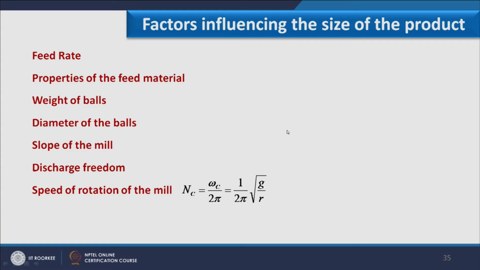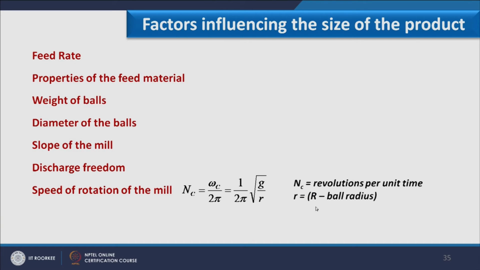Here you see we were discussing the critical speed. This is the expression of critical speed, where Nc is equal to 1 by 2 pi root over g by r. This is the critical speed of the mill. To operate the mill properly, we have to keep the speed of rotation lesser than Nc, where Nc is the revolutions per unit time and small r is equal to capital R minus ball radius.